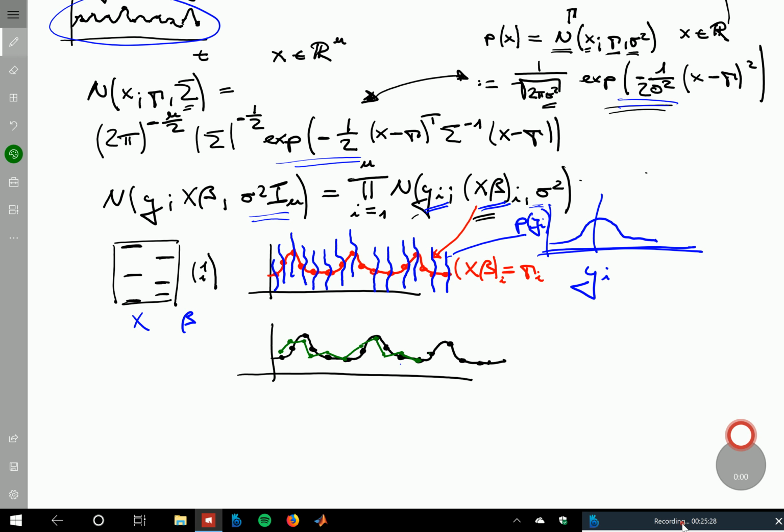Sometimes you sample actually where it's supposed to be, but this is all happening without any data. This is just what the model says. The model says that it's likely that you observe time series that have bumps where the expectation has a bump, so where your onset vectors with the hemodynamic response had a bump, and elsewhere and also around these bumps you have Gaussian noise. This is essentially what it means.